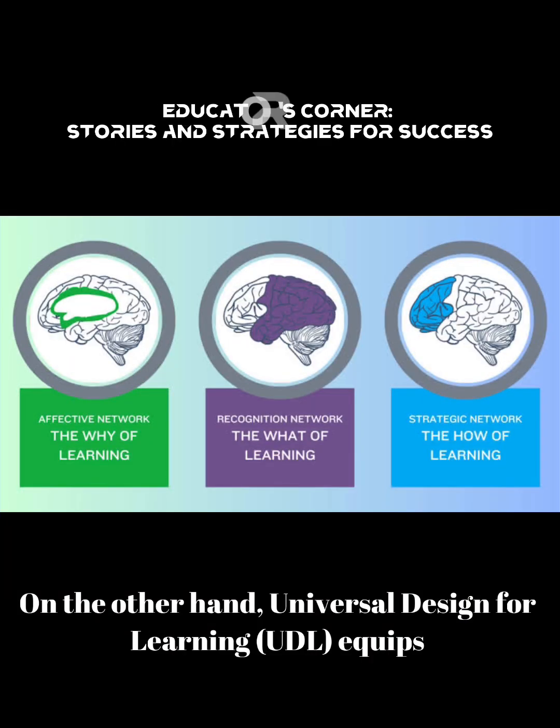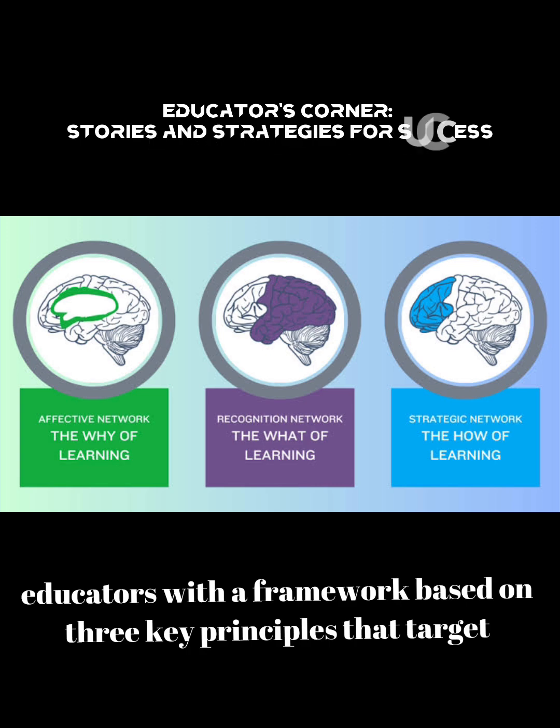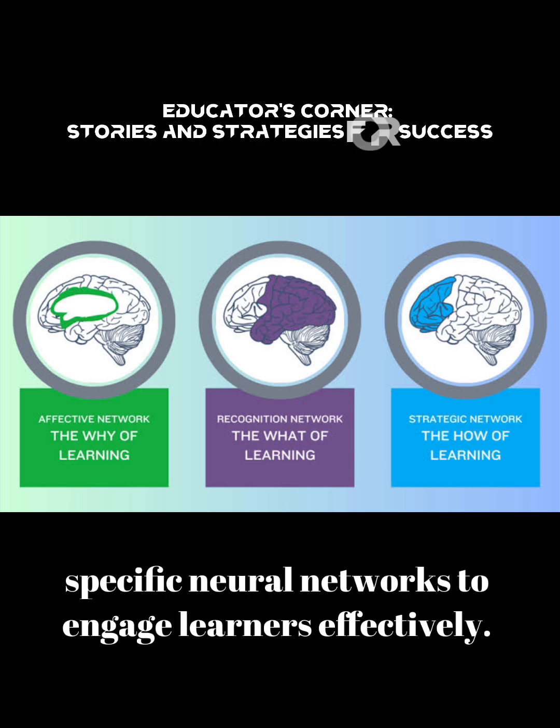On the other hand, Universal Design for Learning, in short UDL, equips educators with a framework based on three key principles that target specific neural networks to engage learners effectively.